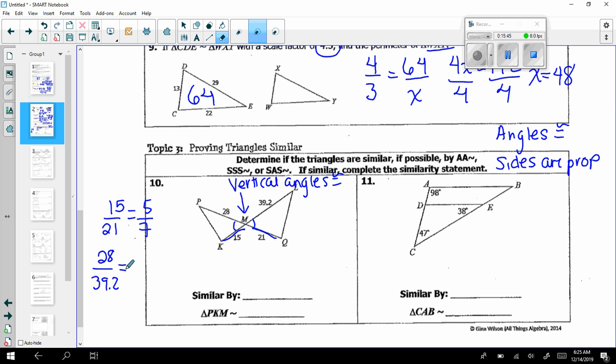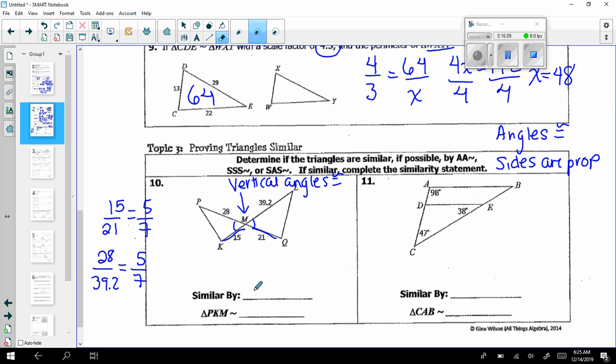What you can do is take your calculator and do 28 divided by 39.2, and you get a decimal. So I want you to press your math button, which is right underneath your green button on your calculator, and press enter twice. And that changes it to a fraction, which is 5/7.